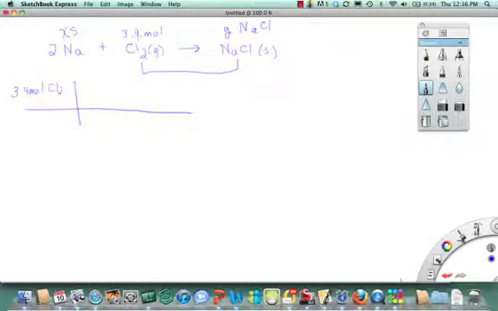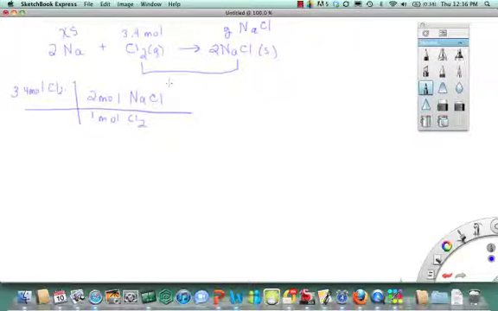There's something that I forgot to do. I've got 2 chlorines here, so I've got to put a 2 there to balance. For every 1 mole of chlorine, there's 2 moles of NaCl.